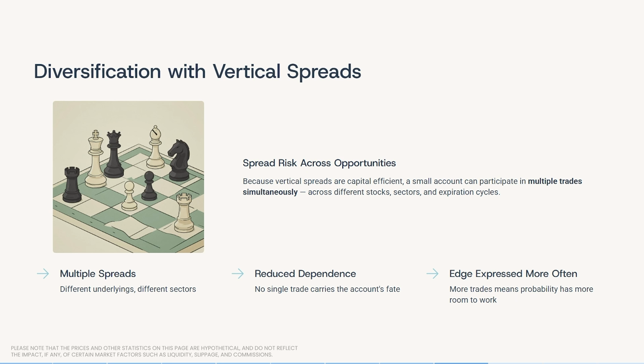This is going to allow you to trade different stocks, different sectors, and different expiration cycles. Having multiple spreads is going to reduce your dependence on one single trade to carry your account. Your edge is expressed more often. More trades means probability has more room to work in your favor.